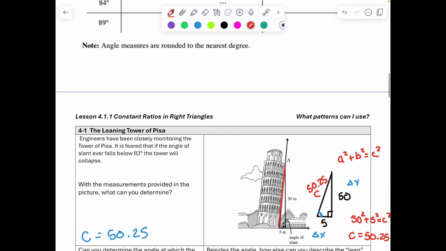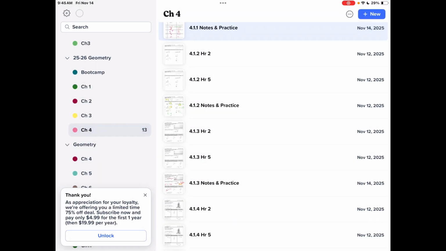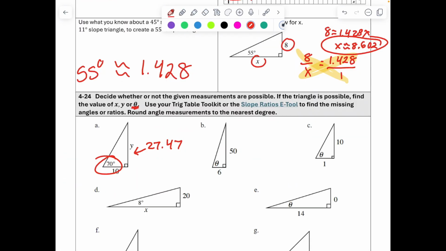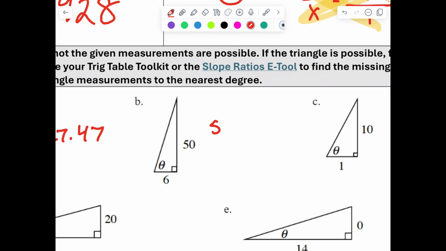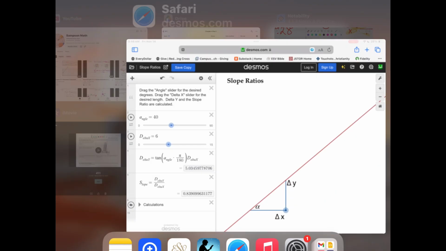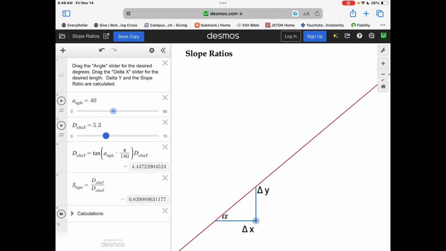Okay. All right, for this next one, we're looking for theta, and we have a change in y of 50 and a change in x of 6. So we can go find 6 as our change in x. And then we can't change the change in y.